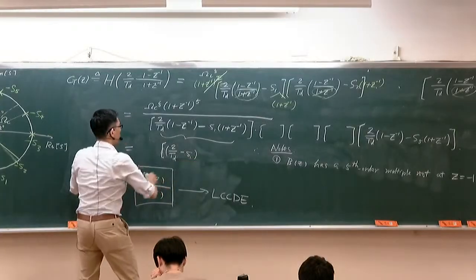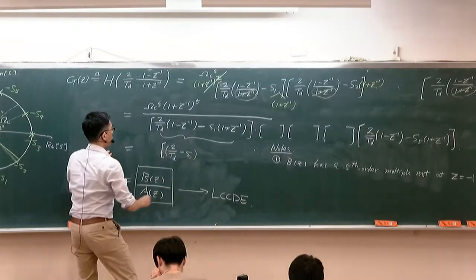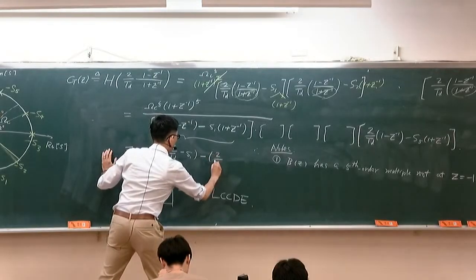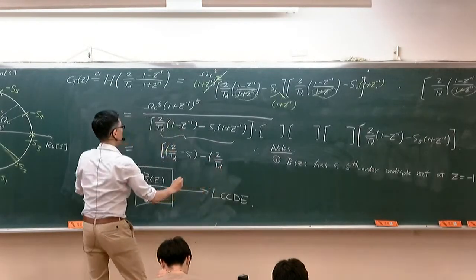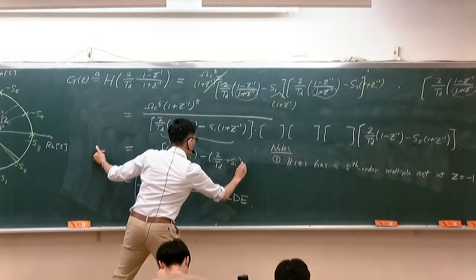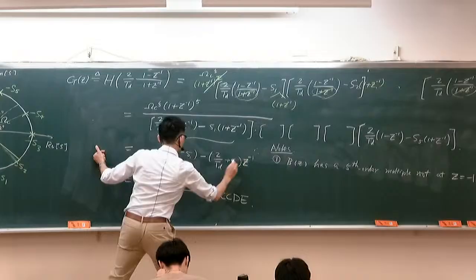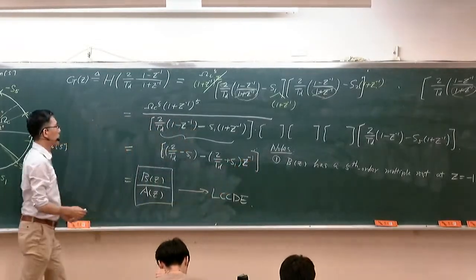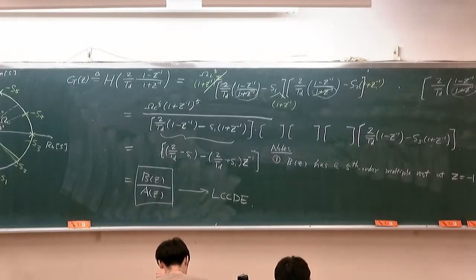And then on the right, what do we have? We have minus 2 over TD plus S1 times z inverse. Okay, we have this expression.